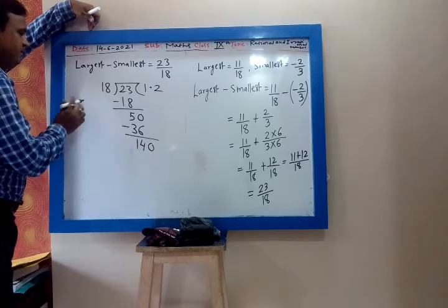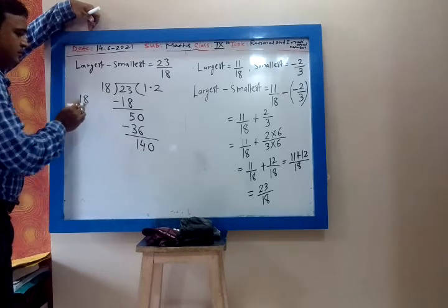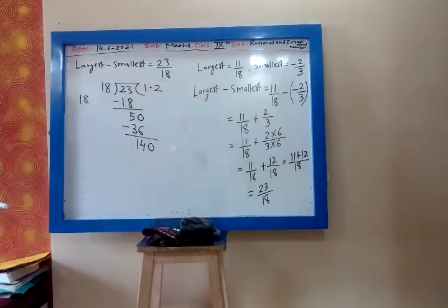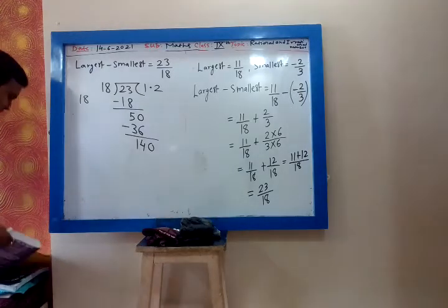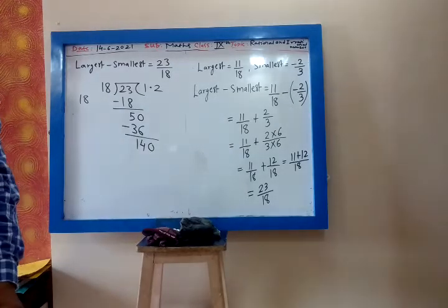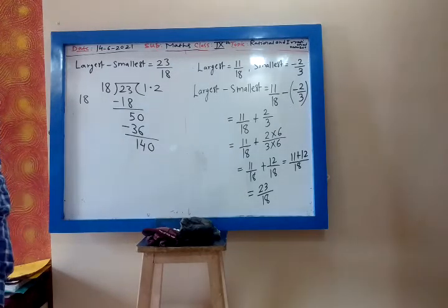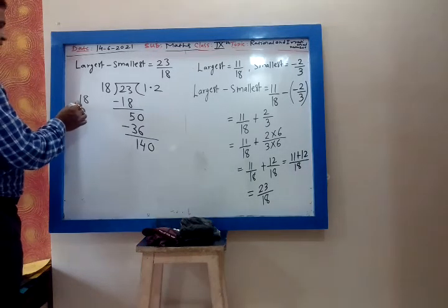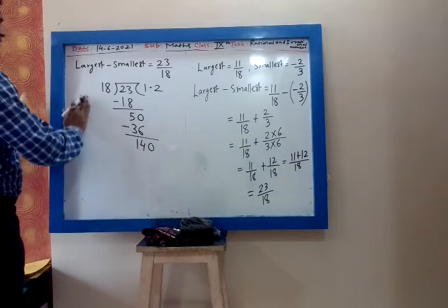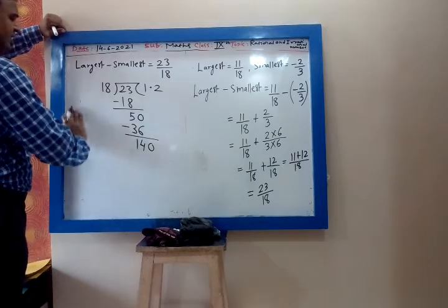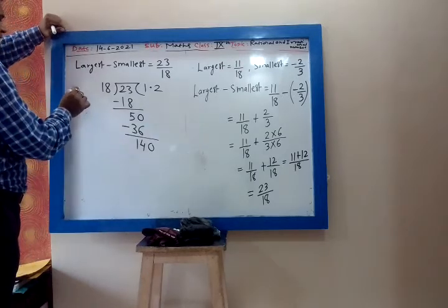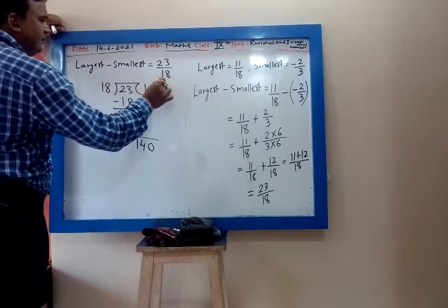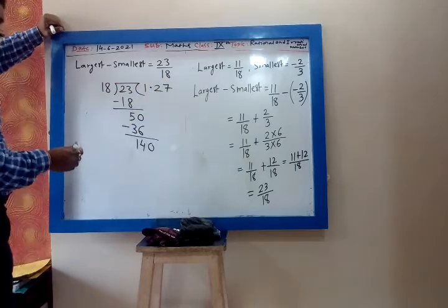18 sevens are how much? 18 sevens are 126, correct.